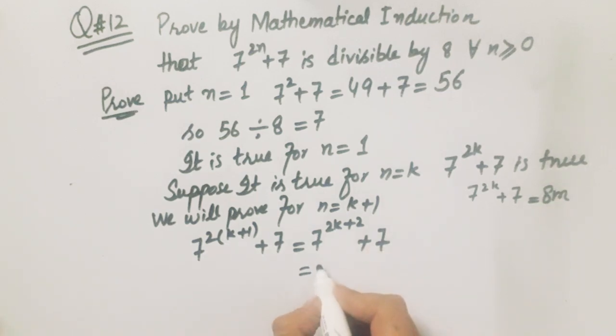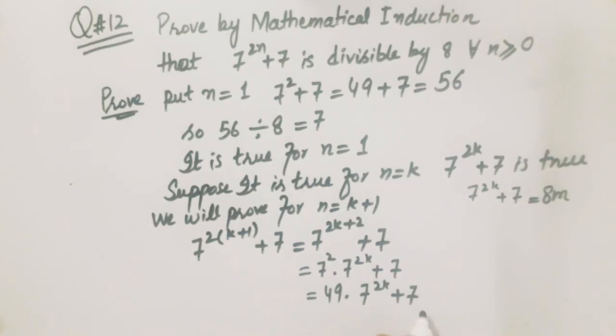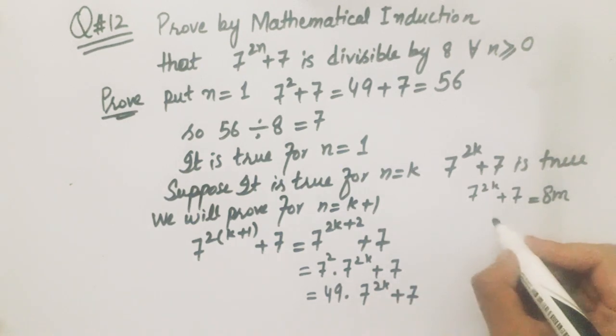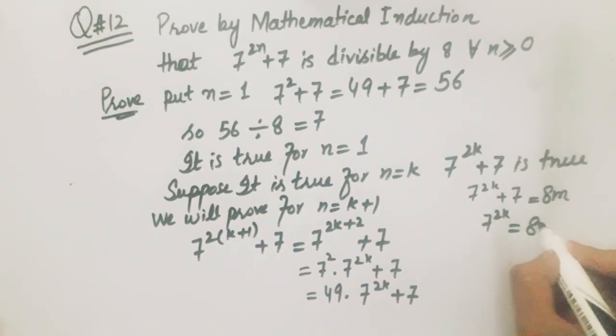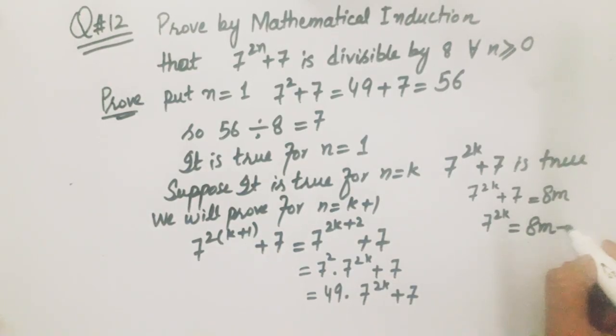Now write this 7 raised to power 2k plus 2 as 7 squared times 7 raised to power 2k. Now 7 square is 49. So this is equal to 49 times 7 raised to power 2k plus 7. Now you can write 7 raised to power 2k is equal to 8m minus 7, so you will put this value of 7 raised to 2k.